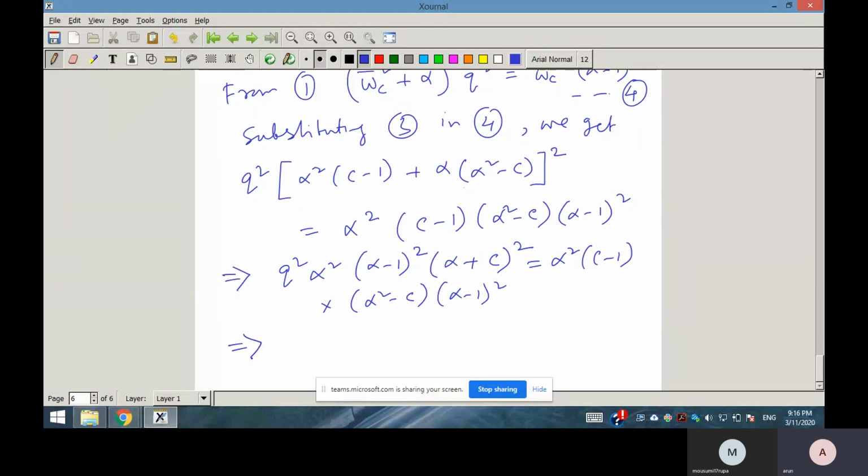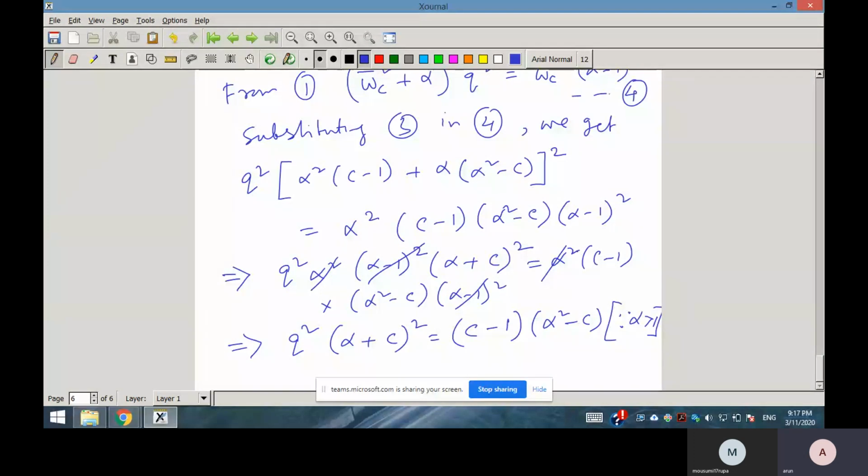So you can simplify it: this will get cancelled, so that means q square into alpha plus c whole square is equal to c minus 1 into alpha square minus c. So why? Because alpha is greater than 1.